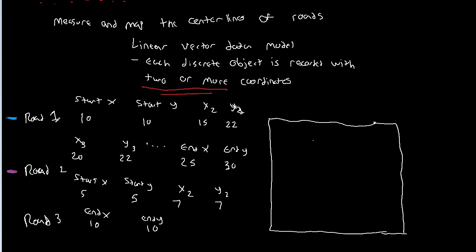Right? What you do to display them is you say, okay, start x and start y is 10, 10. So let's just say, for reference, that 10 is the midpoint of the map here. So road 1 starts at 10, 10.